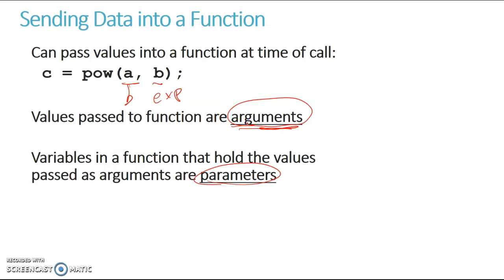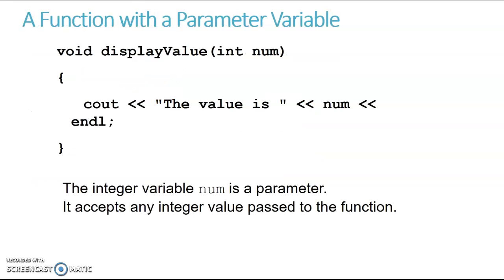The formal parameters are what actually are in the function header. So here we can see num is the parameter, and it is specifically of integer type. When I make the function call, that would be the argument, the actual value of what num will take on.